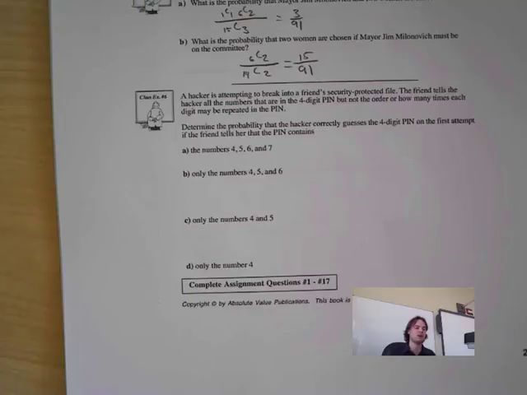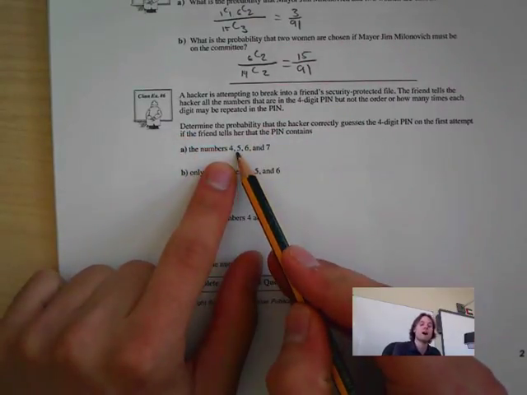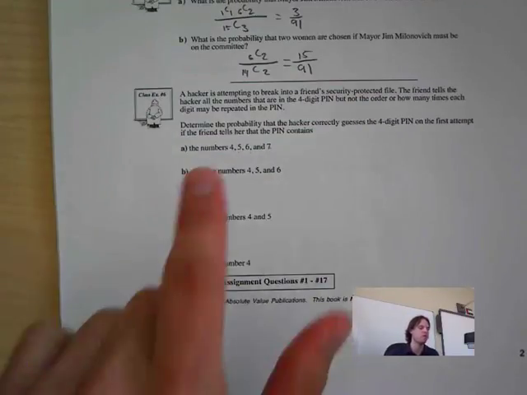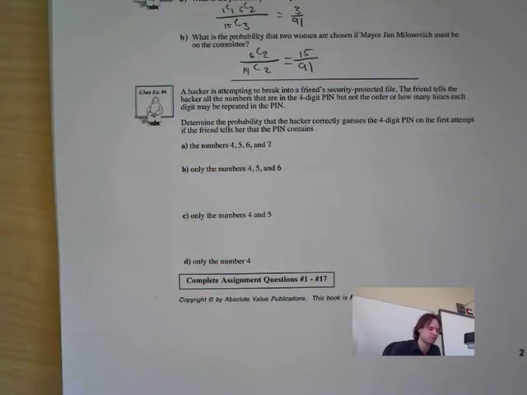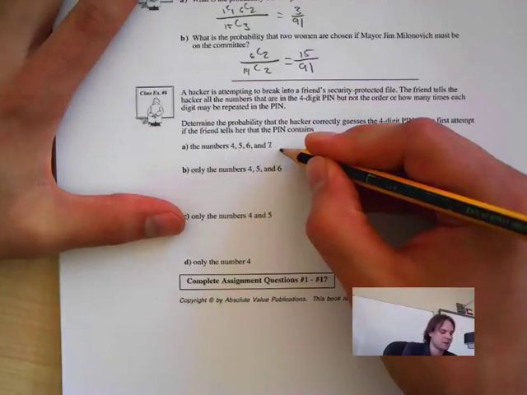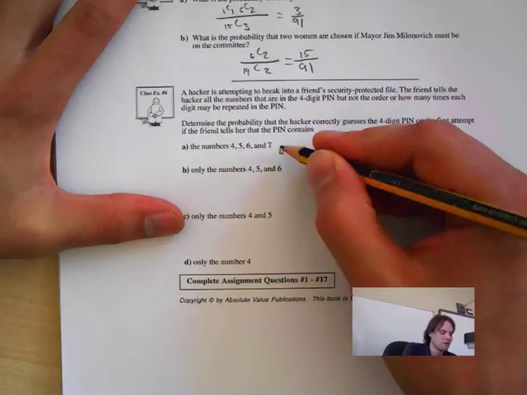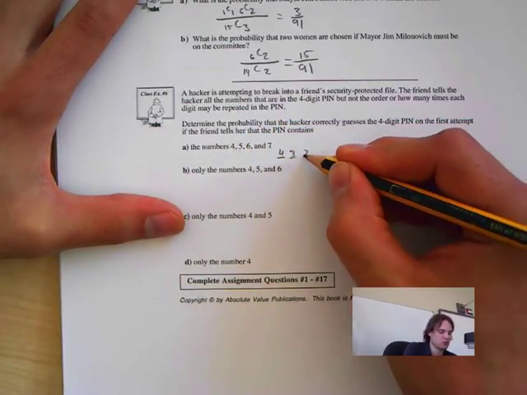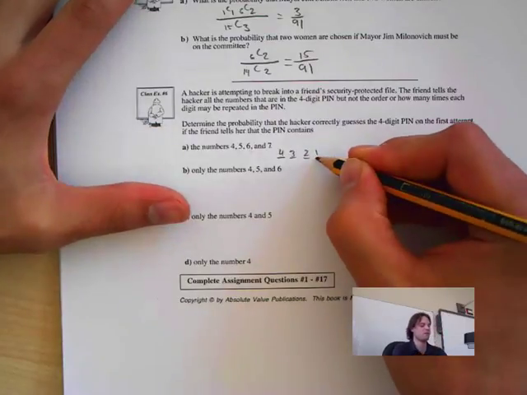If his friend tells him the PIN contains 4, 5, 6, and 7, so we have 4 digits, it must contain those. So basically, we could have 4 options for the first one, and then 3, then 2, and then 1 different options for each digit.